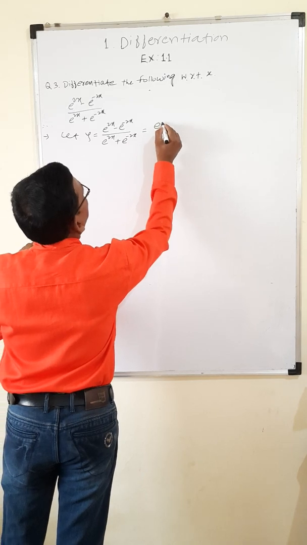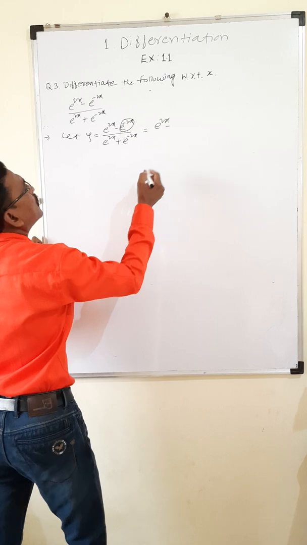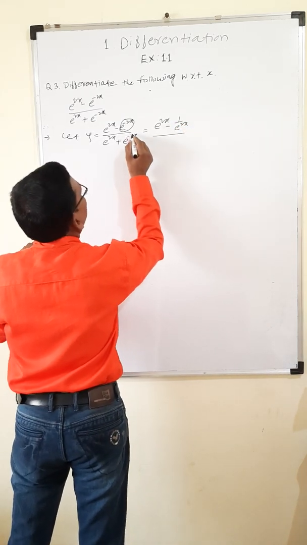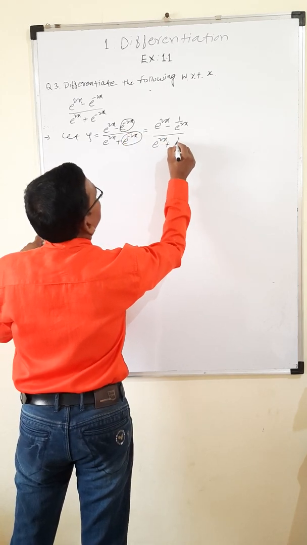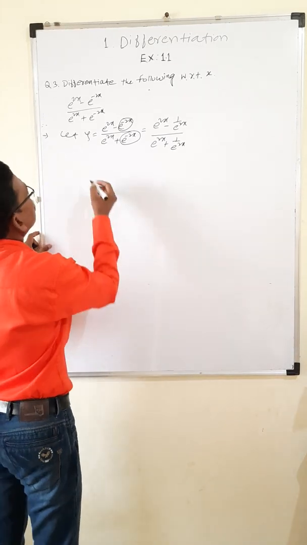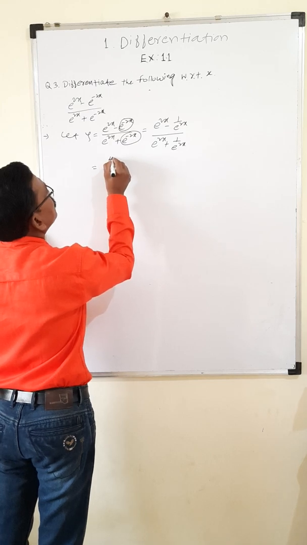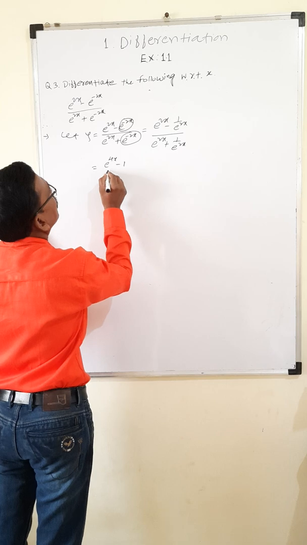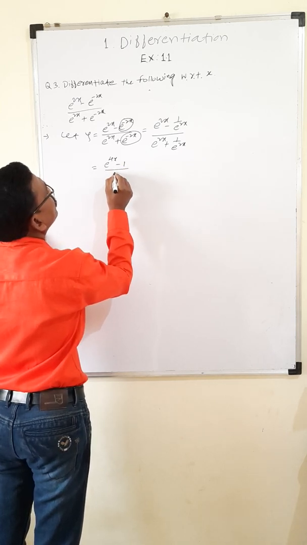It is equal to e raised to 2x minus, we take its reciprocal, so 1 by e raised to 2x, upon, same way we take its reciprocal, e raised to 2x plus 1 by e raised to 2x here. Again we simplify, e raised to 2x into e raised to 2x, it is e raised to 4x minus 1, and whole divided by e raised to 2x.